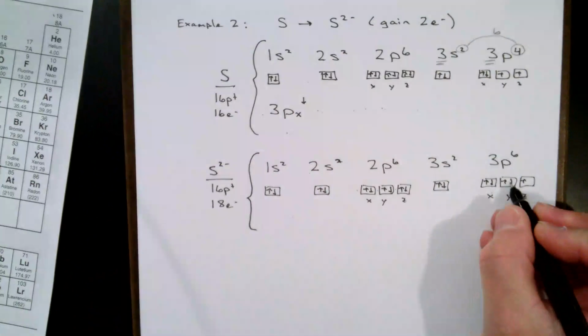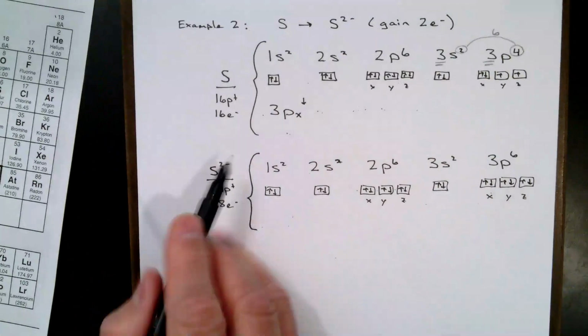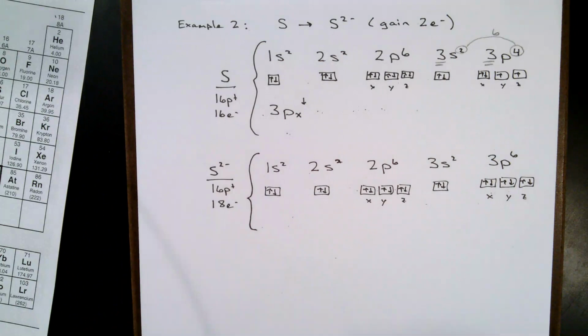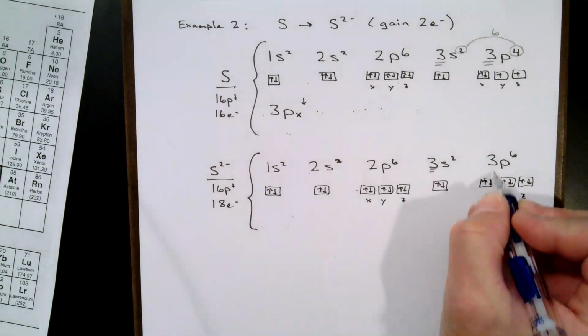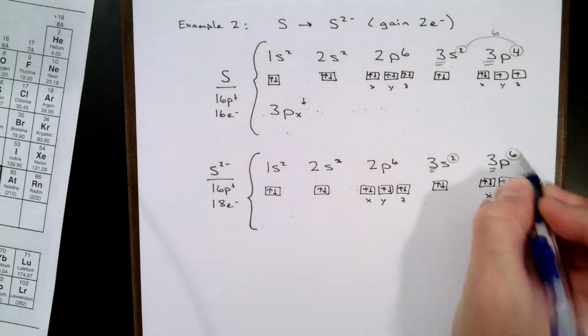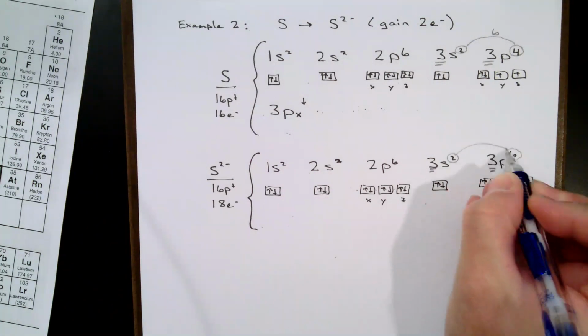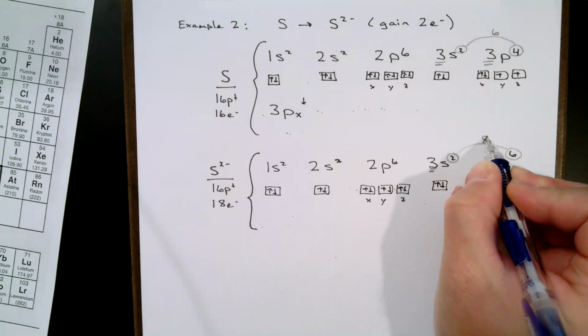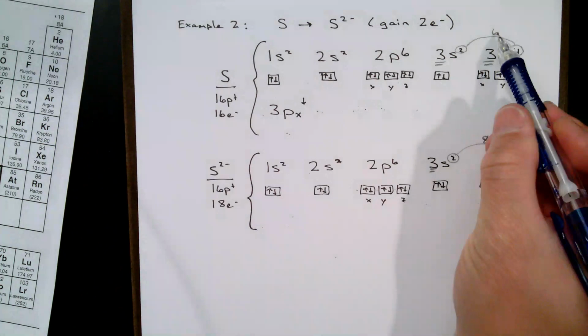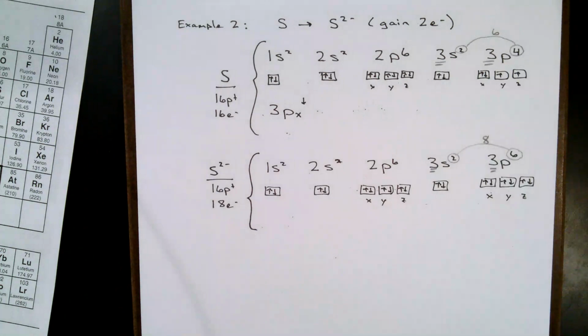It wants to gain 2 electrons to become a 2 minus. So now at the third principal quantum number, it's got 2 electrons there, 6 electrons there, and now it has 8 valence electrons. It changed from 6 to 8 valence electrons.